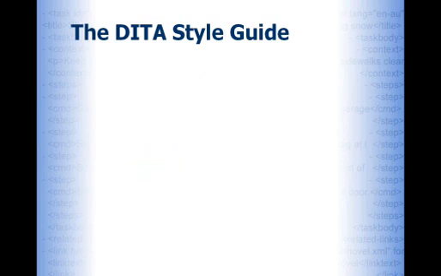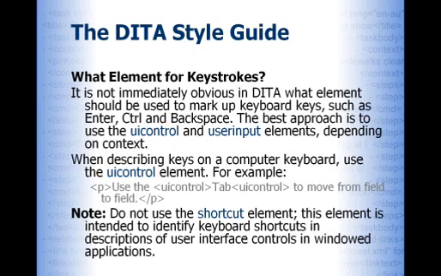Here's another example, and again, this is too big to go through, but I'm just trying to illustrate. In that question of what element should I use for keystrokes, if you look at the DITA language reference, or if you just stumble along looking at the element choices that you might be given in your authoring tool, it's not really immediately obvious which one you're meant to use.